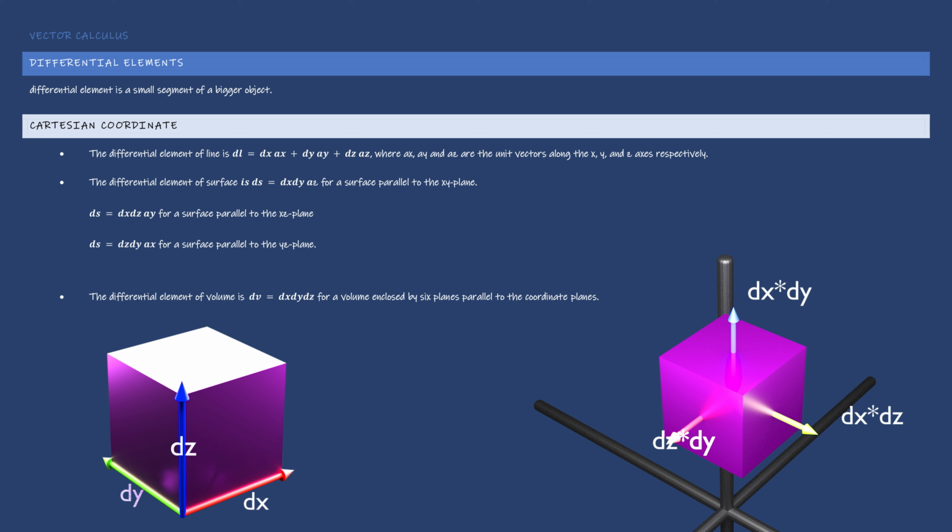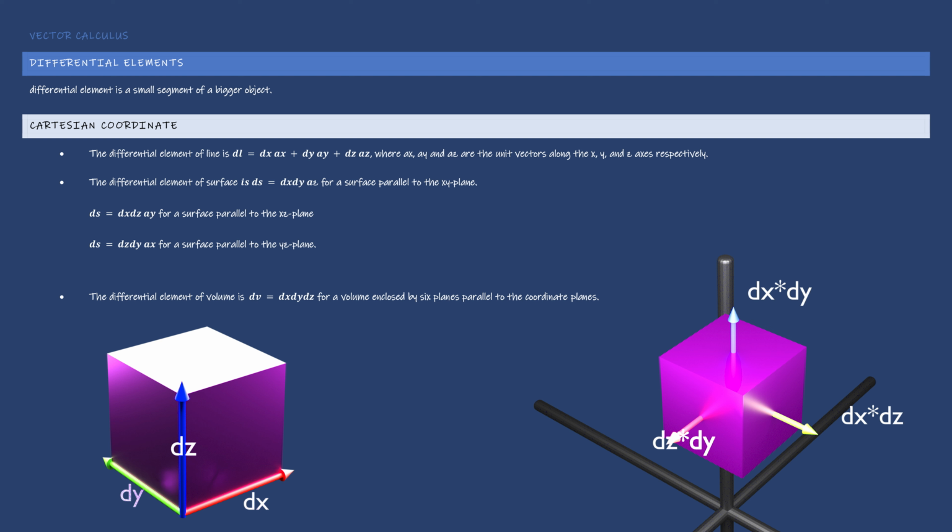In Cartesian coordinates, we use x, y, and z to describe the position of a point in space. The unit vectors along the x, y, and z axes are denoted by ax, ay, and az, and they are constant and do not depend on the position of the vector.